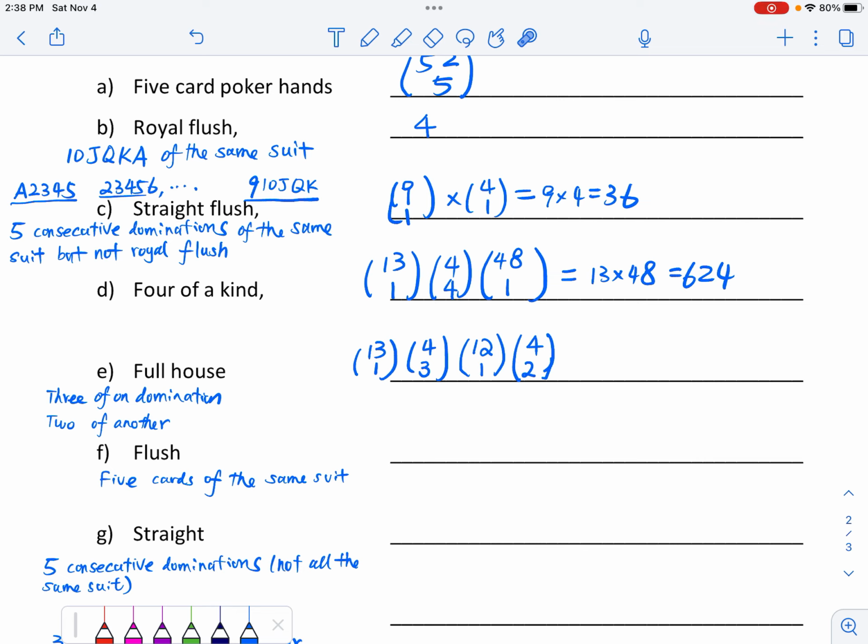So we have to find all the 5 cards of the same suit, then take away the royal flush and straight flush to get the correct count of how many flushes there are. So therefore first of all, we are going to select a value. Okay. So step 1.